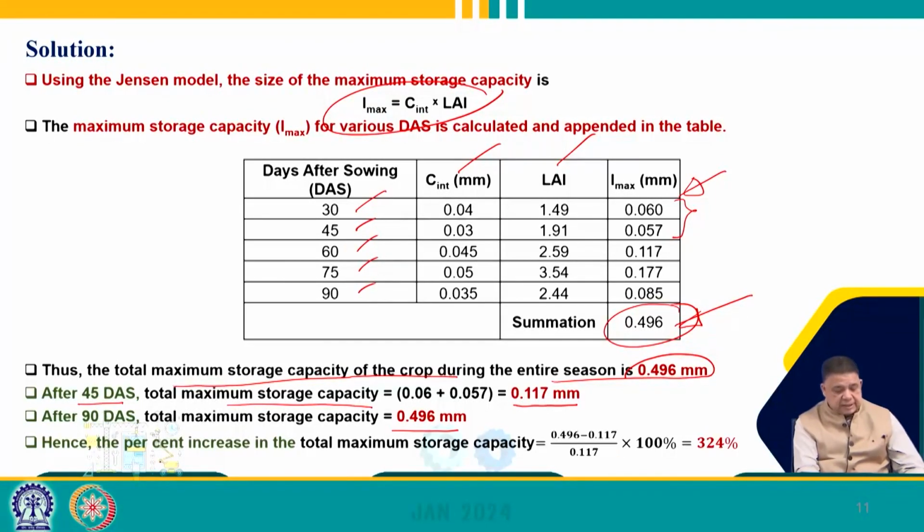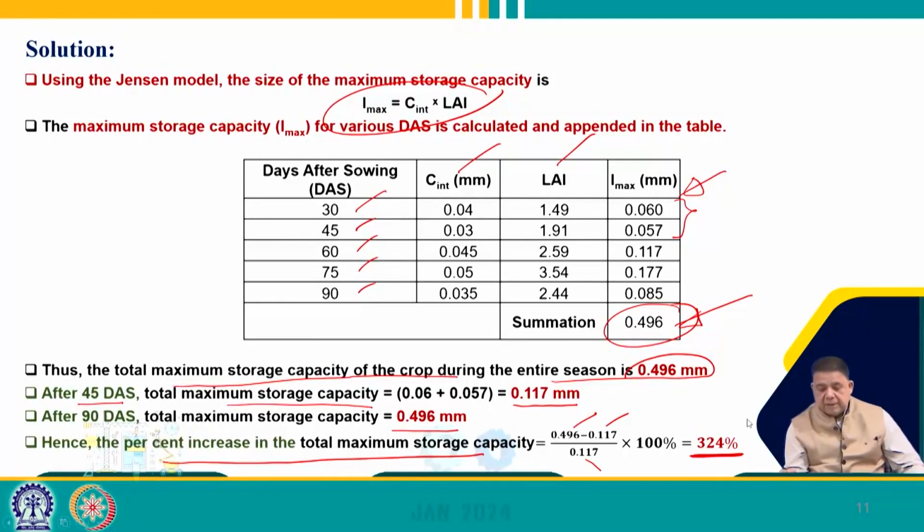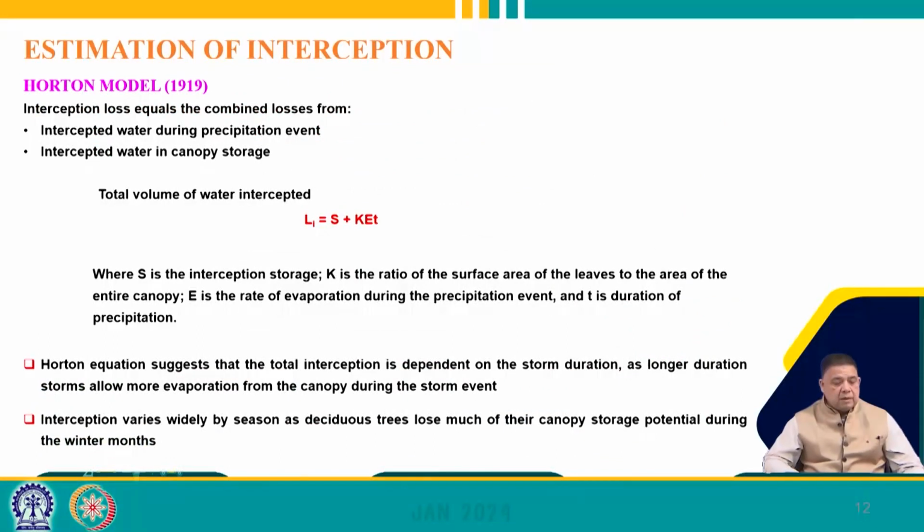So the percent change is 0.496 minus 0.117 divided by 0.117, and it comes to 324%. Between 45 days and 90 days, the maximum storage capacity goes up by 324%, primarily because of the leaf area index, which changes drastically over time.